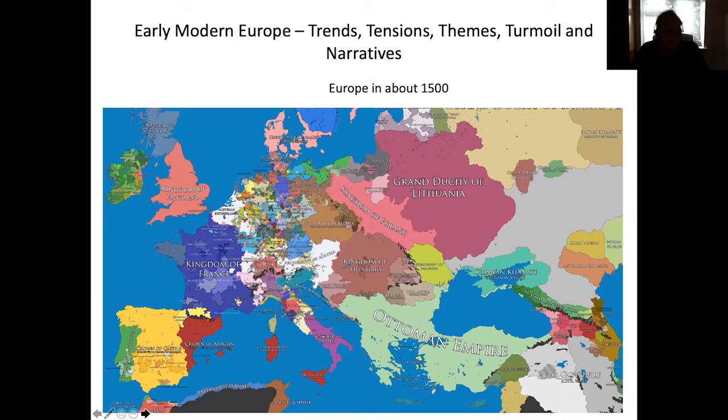So, you know, you've got Germany and Italy, etc. This is what Europe looked like in the early modern period, an absolute shambles and confusion. You might notice the kind of confusion around Germany, which I will come to a little bit later. But essentially, Europe in the early part of the 16th century was a kind of composite mix of overlapping jurisdictions. I will explain that in more detail shortly.